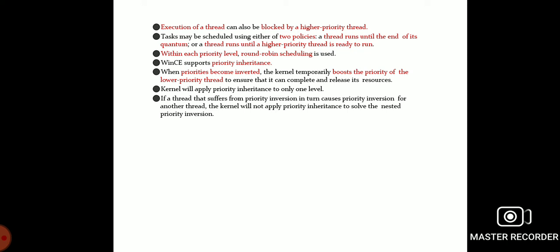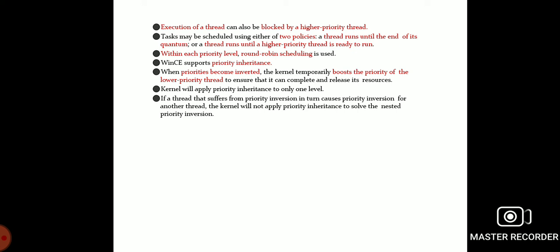Within each priority level, round robin scheduling is used. That is not for priority based scheduling. So Windows CE supports priority inheritance: when priorities become inverted, the kernel temporarily boosts the priority of the lowest priority thread to ensure that it completes and releases the resources.